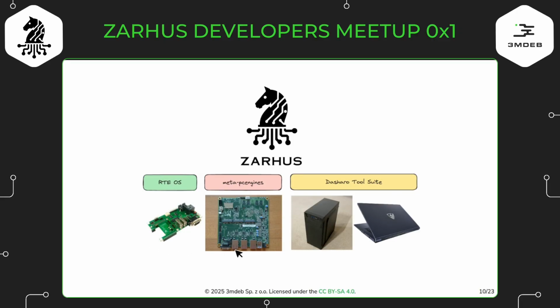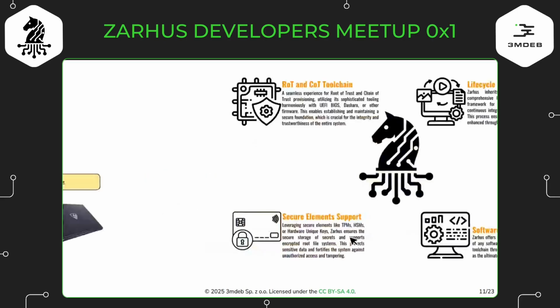Then we have meta-pcengines, which is not very popular right now because PC Engines already got out of the business, but there is still value that we can learn from this meta layer. At some point, it was used by some community members. And then the Dasharo tools suite, which is probably the biggest part of Zarhus right now, where we essentially help in deploying Dasharo to various devices.